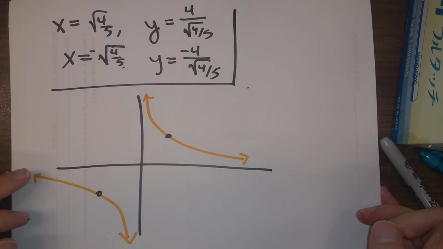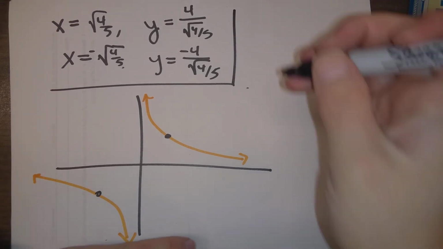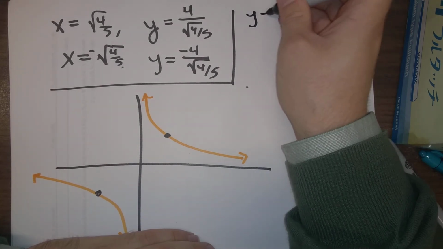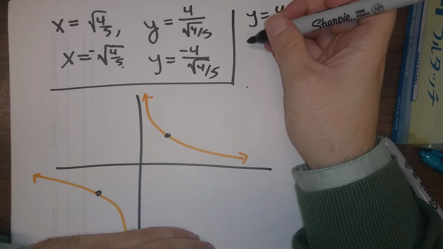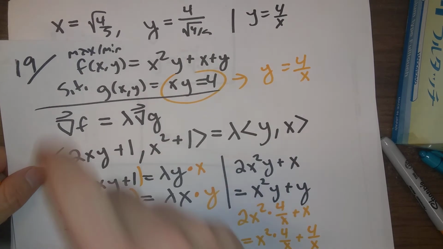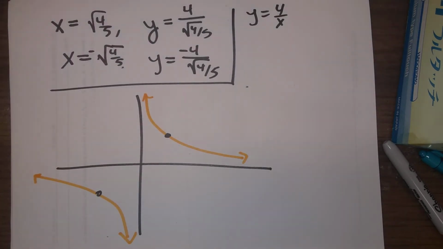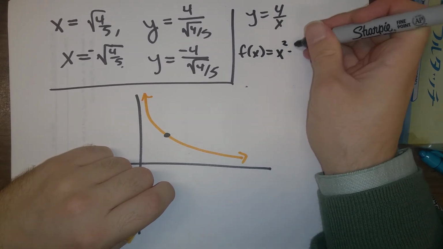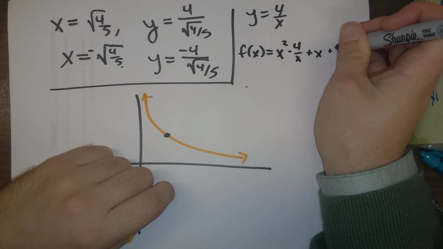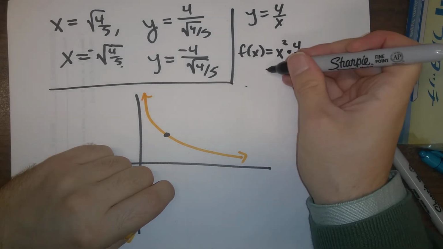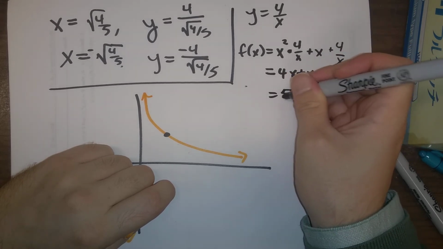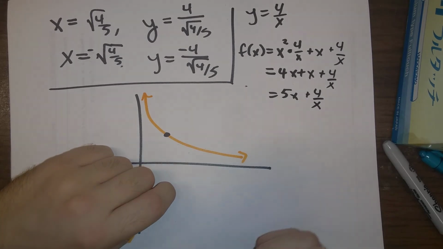We might think local max and local min after plugging stuff in, but let's think about what the limits are as x goes to infinity here. Remember that we have y is equal to 4 over x. So if we substitute y equals 4 over x into our objective function, we end up with f of x is x squared times 4 over x plus x plus 4 over x. That is 4x plus x plus 4 over x, that is 5x plus 4 over x.